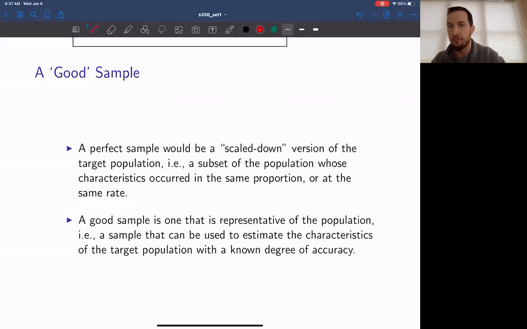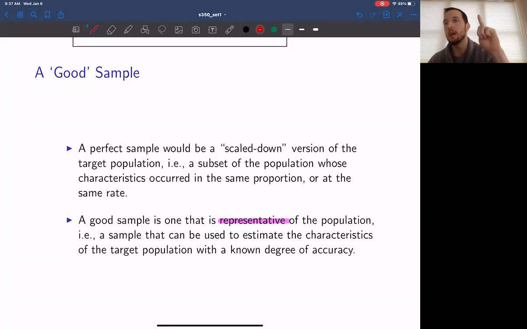So what would a good sample be? Well, the key word that we use to describe any good sample is the word representative. So a good sample will be one that is representative of the population. So a sample where we can estimate different characteristics of the population with a known degree of accuracy.